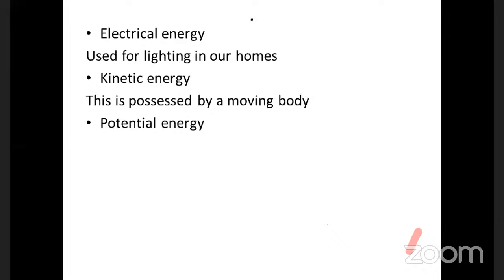We have the next form of mechanical energy, which is potential energy. What do you understand by potential energy? Can I see hands being put up?